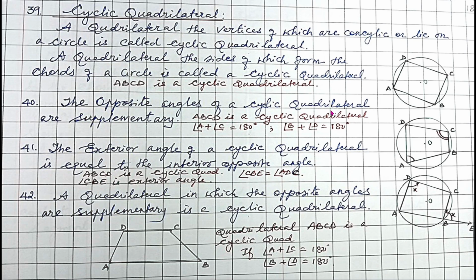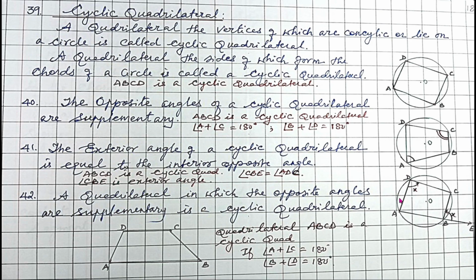The opposite angles of a cyclic quadrilateral are supplementary. That means angle A plus angle C is 180, and angle B plus angle D is also equal to 180. The exterior angle of a cyclic quadrilateral is equal to the interior opposite angle, and it's a very important property.